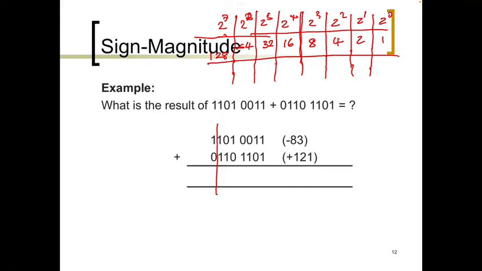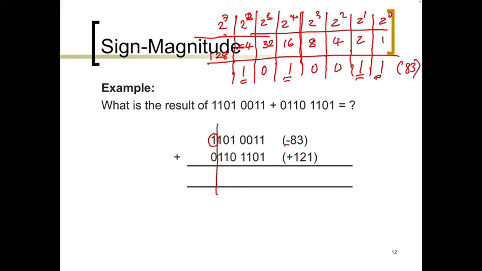We have 1 here, that means negative, followed by the binary 0 1 0 1 0 0 1 1. You just total up the places that have 1, and here you will get 83.